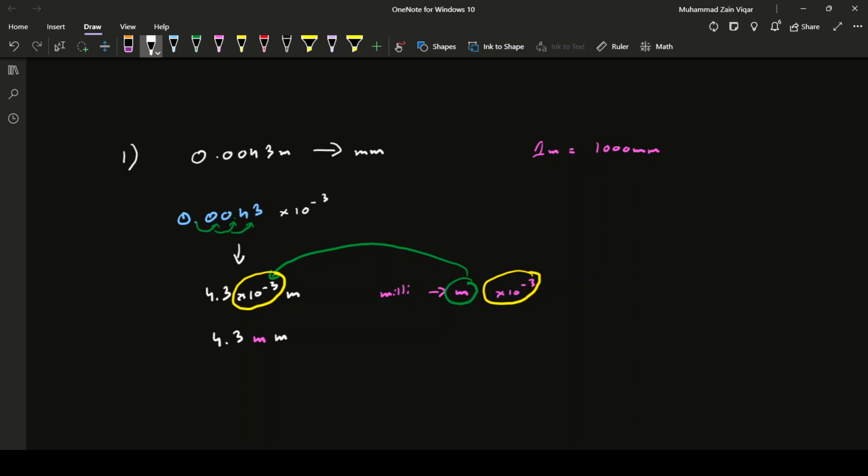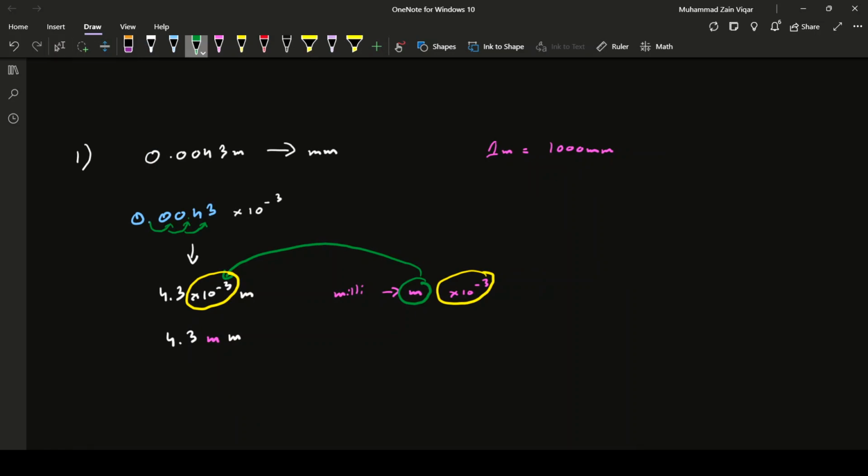Another way which I was talking about was, if we know the conversions, we know 1 meter equals 1000 millimeters. So what we could do is find what 1 millimeter might be equal to. So 1 millimeter might be equal to similarly 1 over 1000 meters.